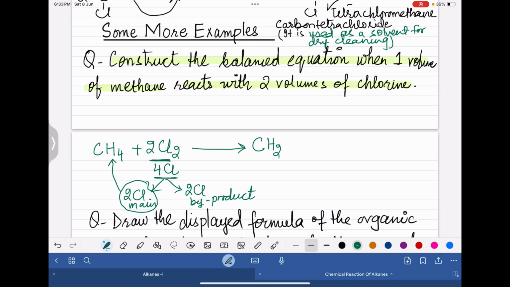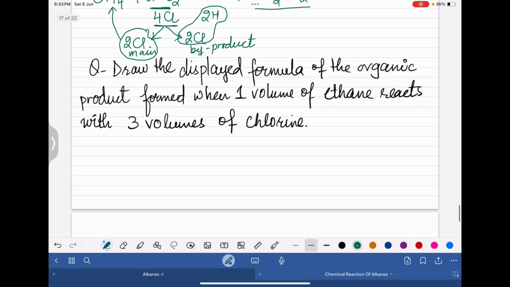CH2Cl2 will be formed, plus the 2 hydrogen atoms that are kicked out of the methane combine with the 2 chlorine atoms and form 2 volumes of hydrogen chloride gas as the byproduct. So this is the balanced chemical equation when 1 volume of methane reacts with 2 volumes of chlorine.